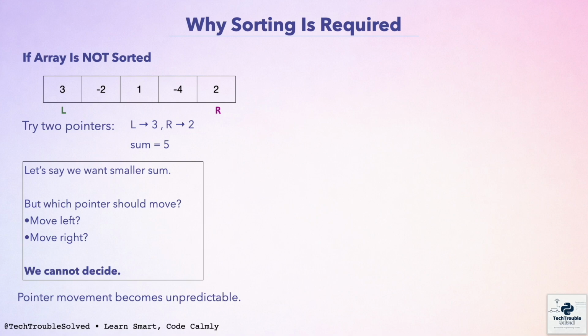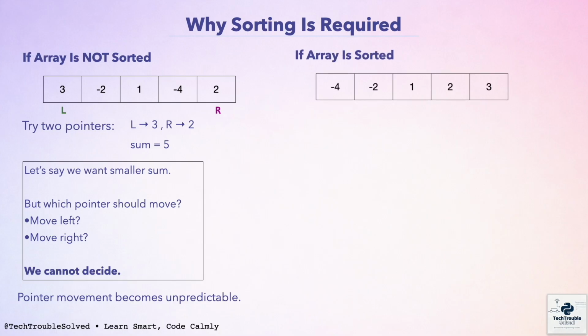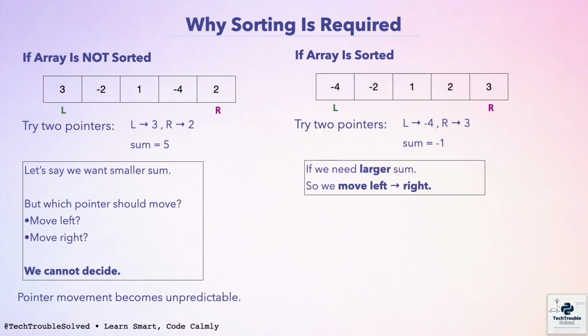Now let's see what happens when the array is sorted. When numbers are arranged from smallest to largest, the behavior becomes predictable. If the current sum is too small, we know that moving the left pointer to the right will increase the value and potentially increase the sum.